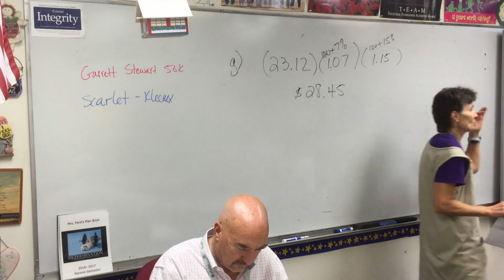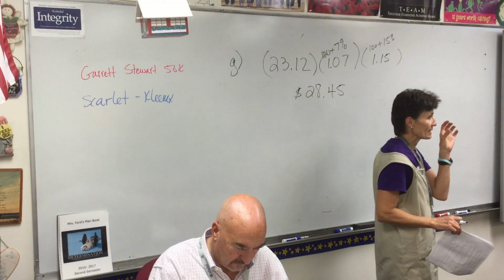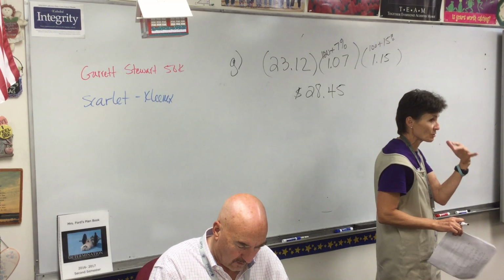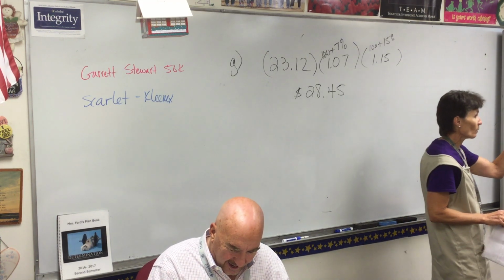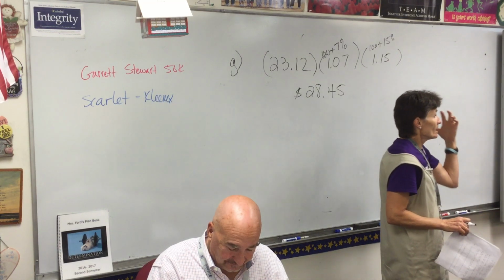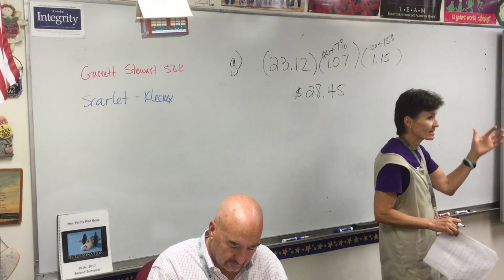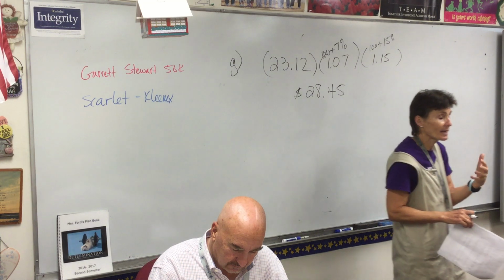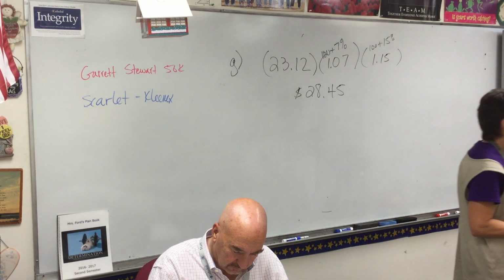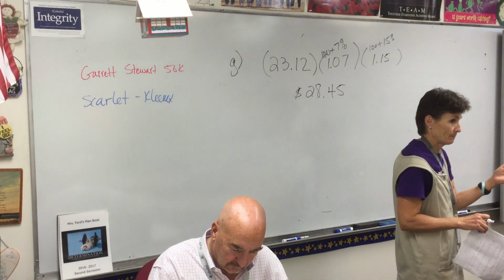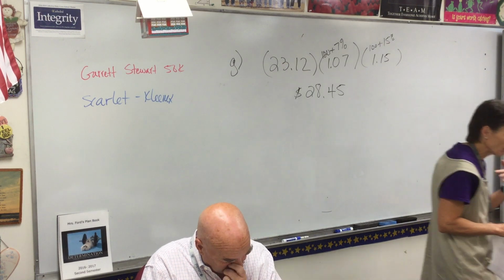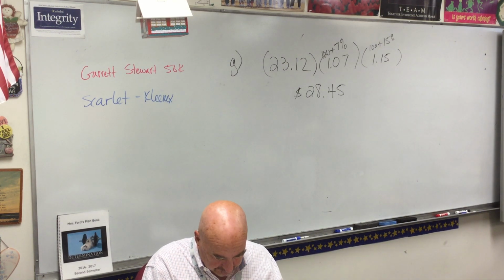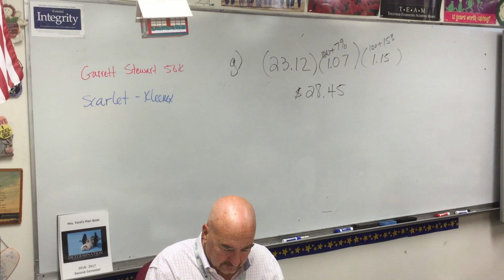Okay, so we did a bunch of those the other day, so I just want to recap the main idea, because there will be a question on your test, one question that's just like this. If you have a discount, so let's say you were buying something that was on sale for 30% off, what would you multiply by if it's 30% off? 0.7.